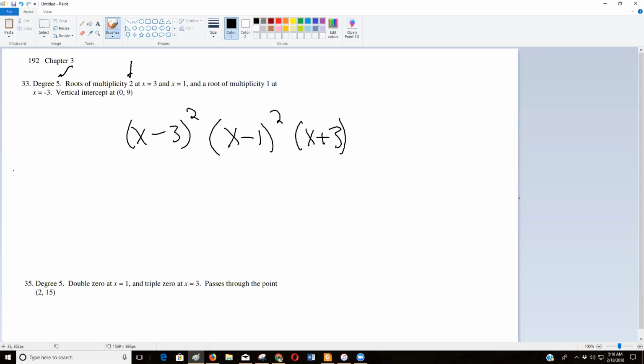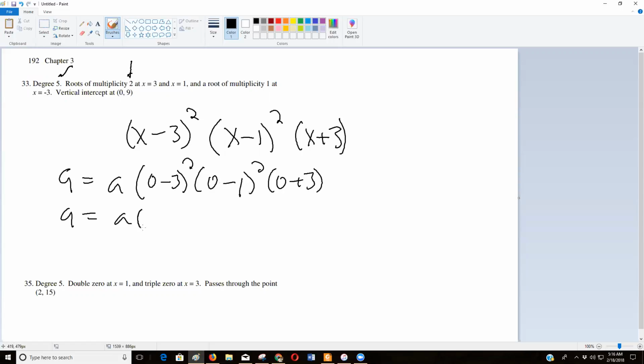And then I've got to see, is it equal to 9 when x equals 0? So if I do 0 minus 3 squared times 0 minus 1 squared times 0 plus 3, won't that be 9 will equal a times 9 times 1 times 3. So is 27a equal to 9?